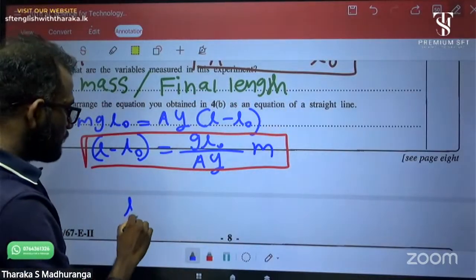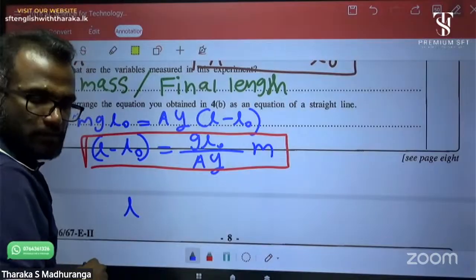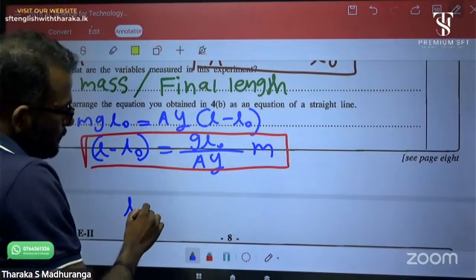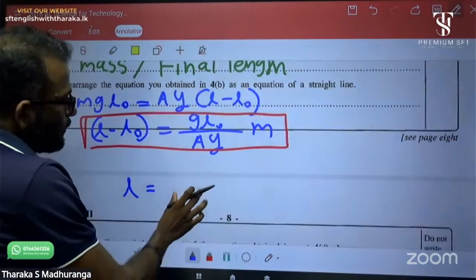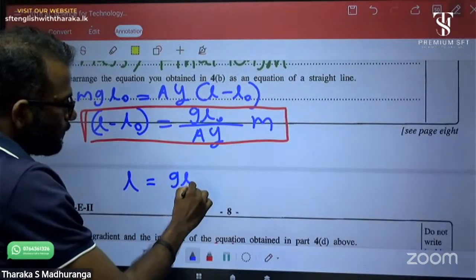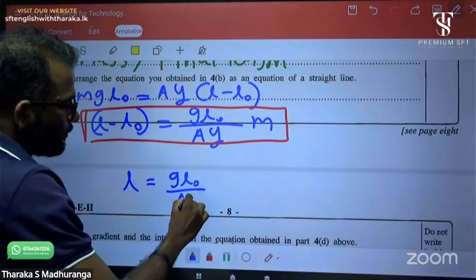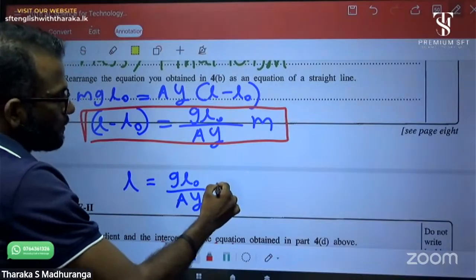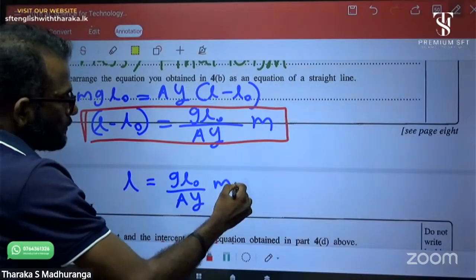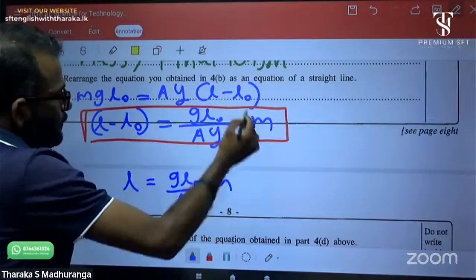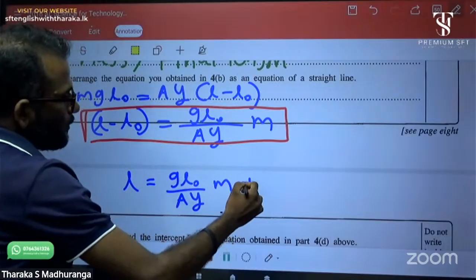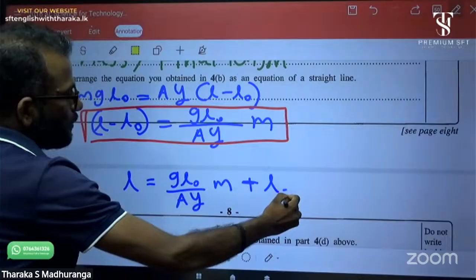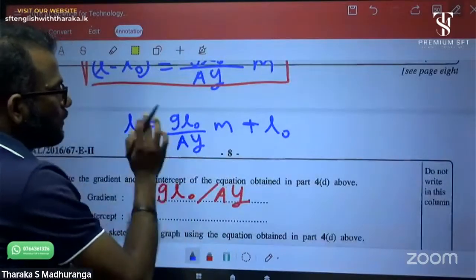L is taken as the final length, the independent one. G L naught over A Young's modulus, M, minus, gets converted to plus L naught. Then the intercept equals L naught.